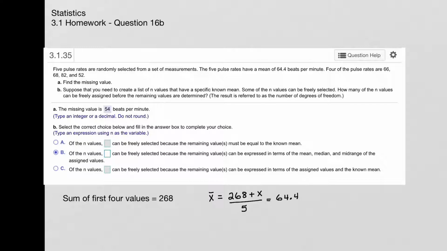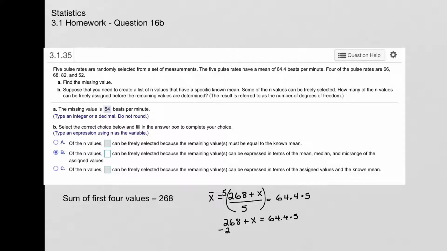64.4. And by using algebra, I can start by multiplying both sides by 5, and that gives me 268 plus x equals 64.4 times 5.